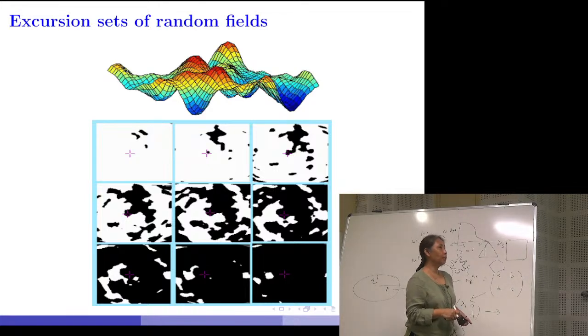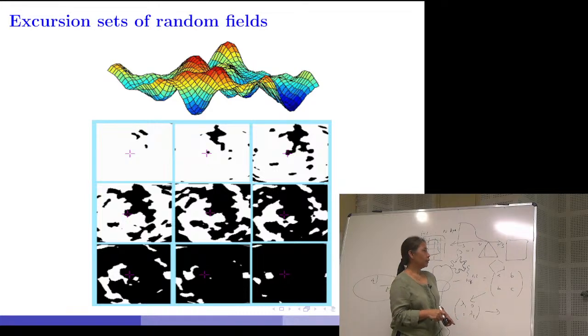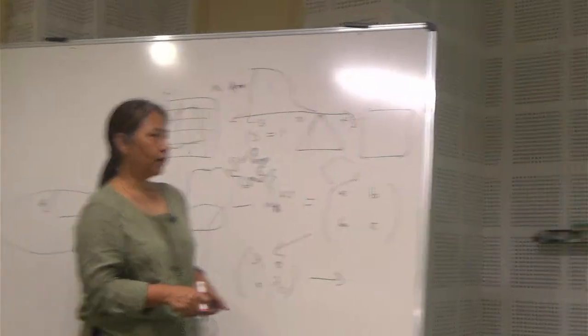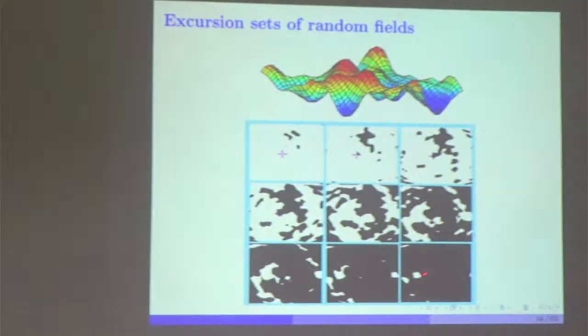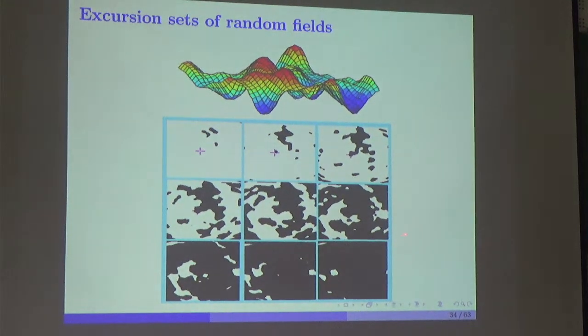Okay. Now let's look at the perimeter. Here the perimeter will be the contour enclosing the white. It is zero on this extreme.